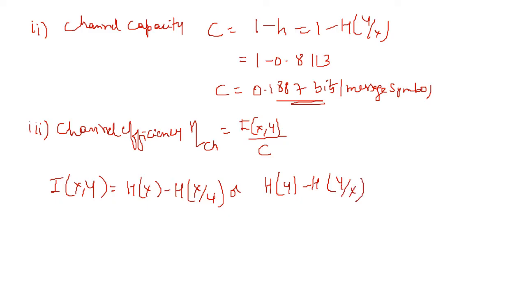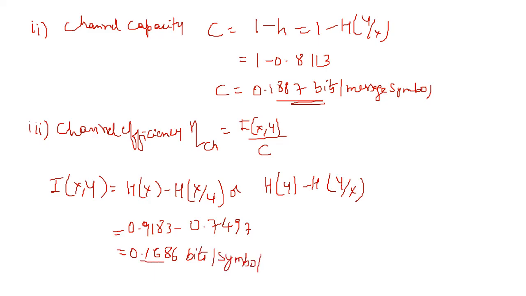So any one formula you substitute the value. So we'll substitute for H(X): 0.9183 minus H(X/Y), which is 0.7497. So you'll get the mutual information as 0.1686 bits per symbol. So we have got I(X,Y).